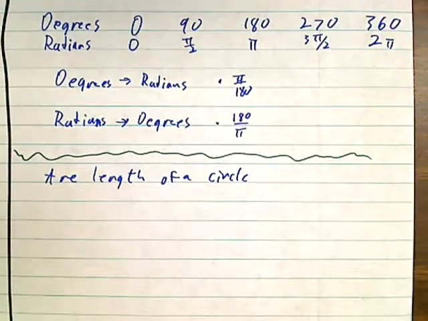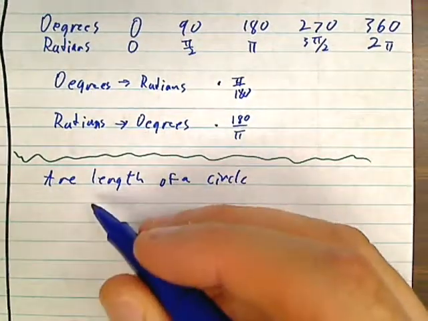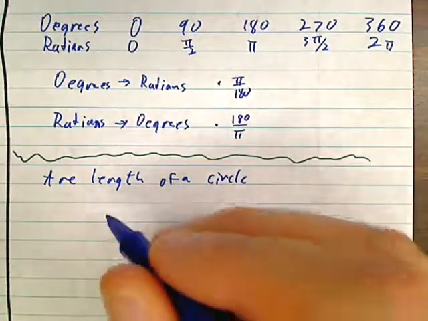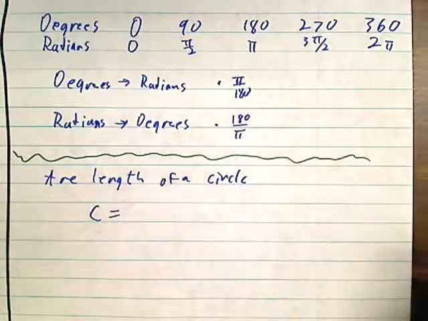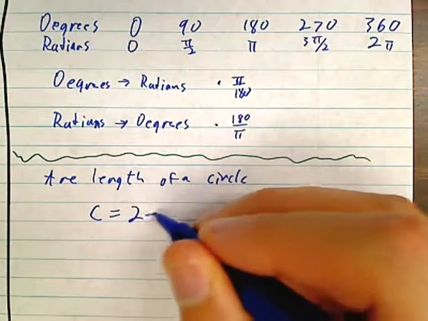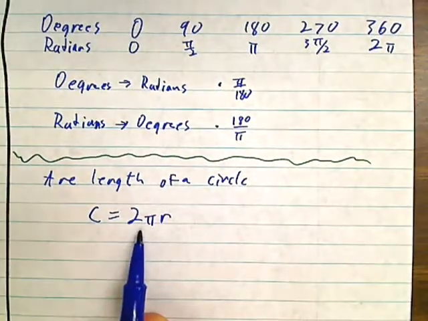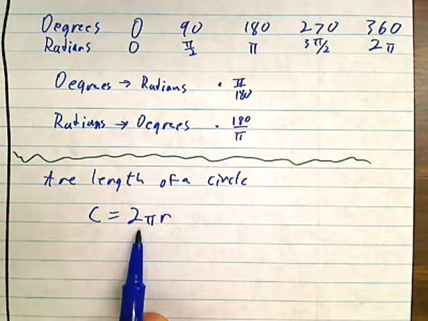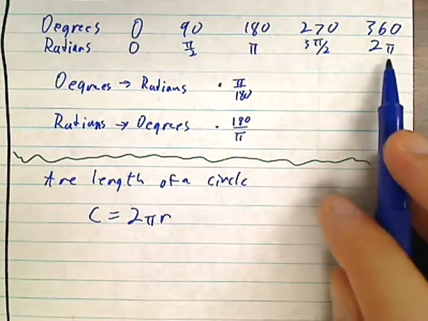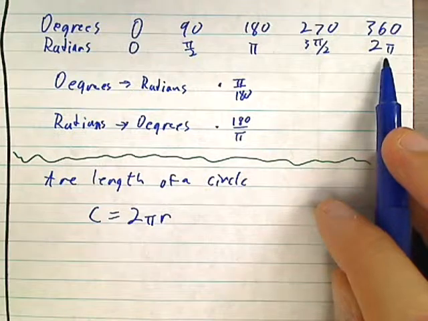The whole way around a circle is the circumference. Circumference equals 2 pi r. This 2 pi here is really an angle in radians. 2 pi is the whole way around the circle.